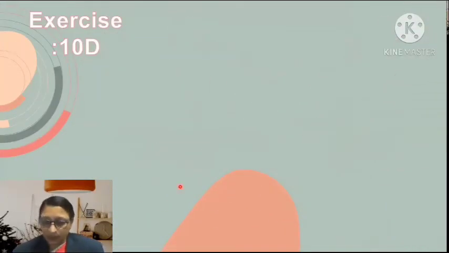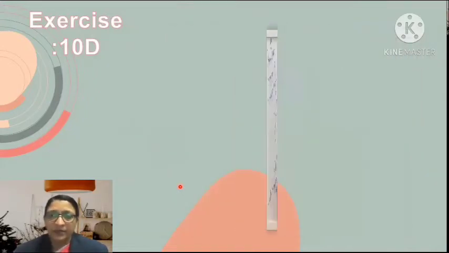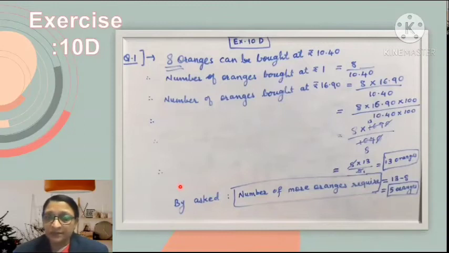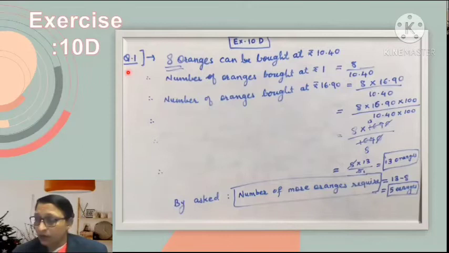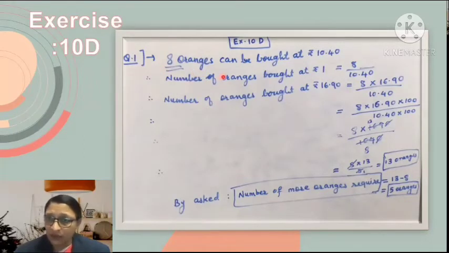Let us discuss now exercise 10D. Here comes the first example. 8 oranges can be bought for rupees 10.40. How many more can be bought for rupees 16.90? So here in the first step, we will write down the given thing.